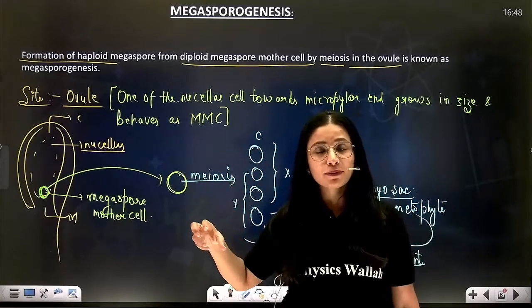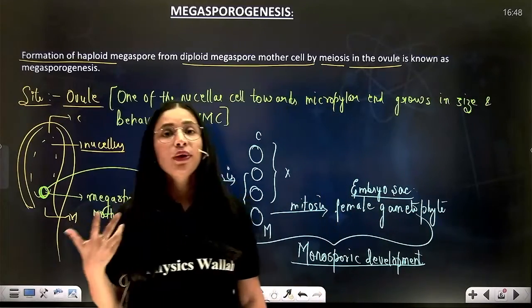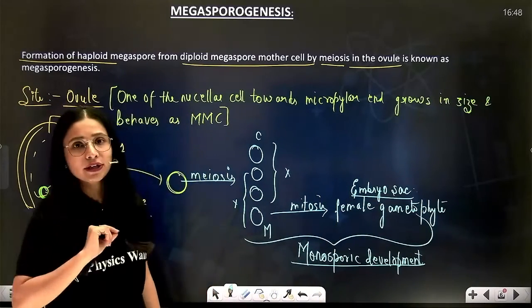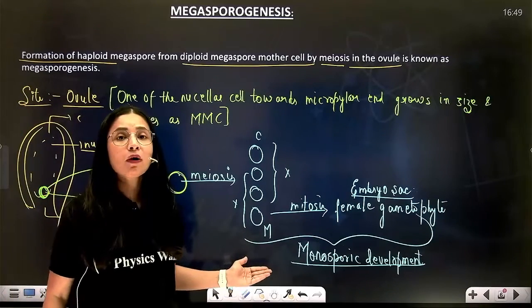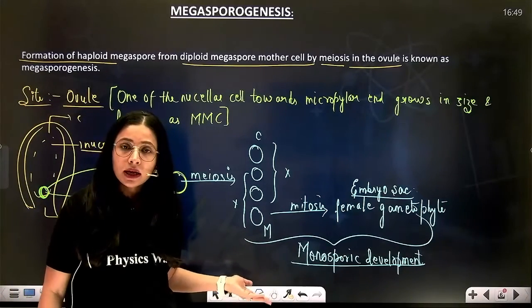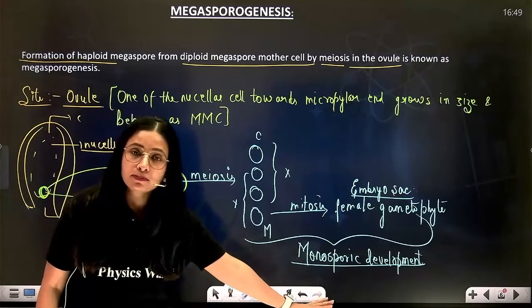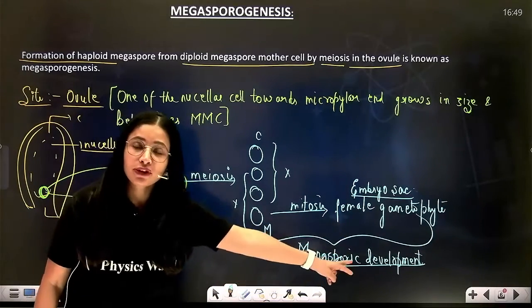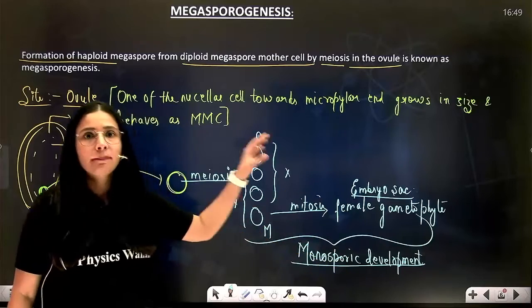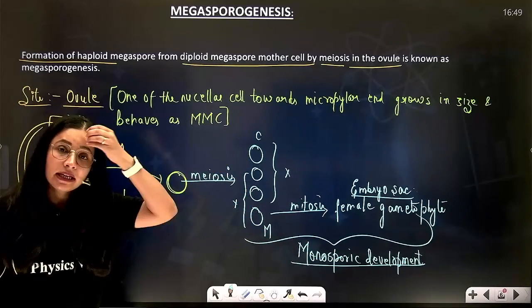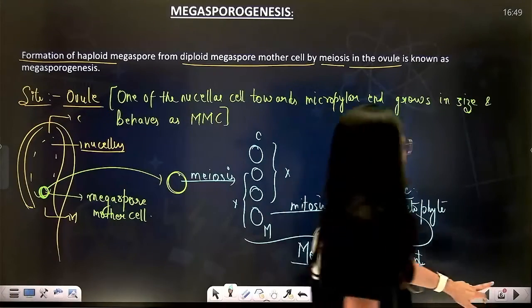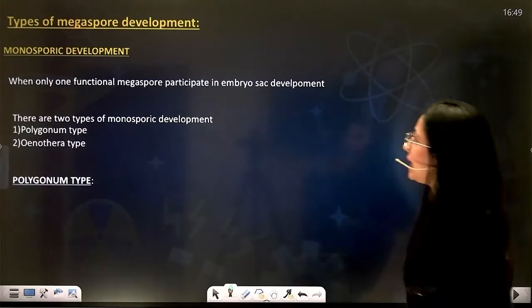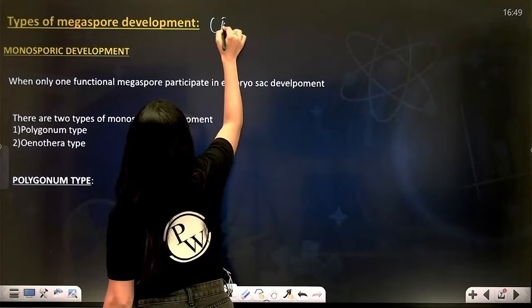This megaspore mother cell, my dear students, will then undergo reduction division to produce how many? 4 haploid megaspores. Now, maybe one megaspore may remain functional to form the female gametophyte later on, maybe 2, maybe 4. Depending on this, there are 3 types of embryo sac development explained by Maheshwari.